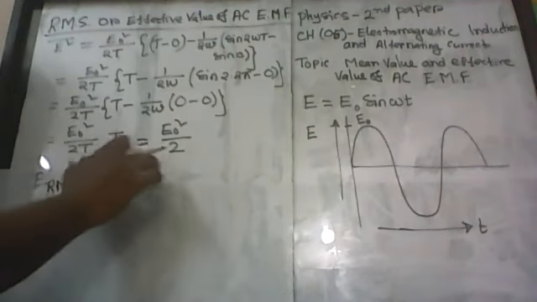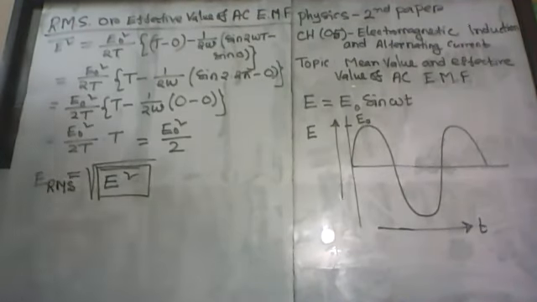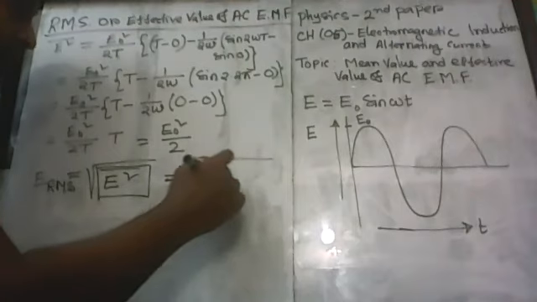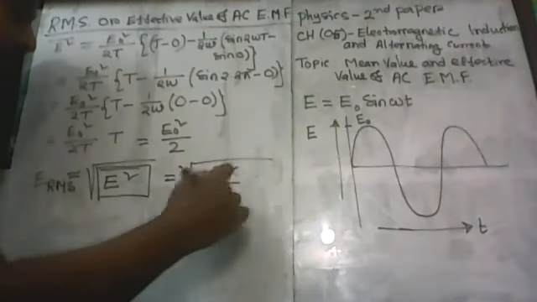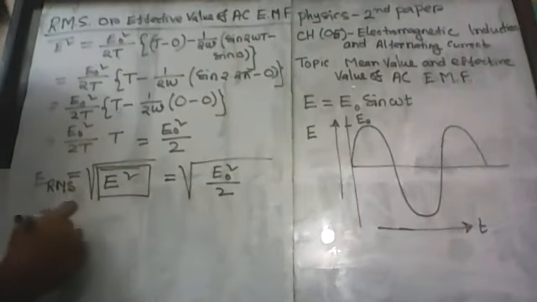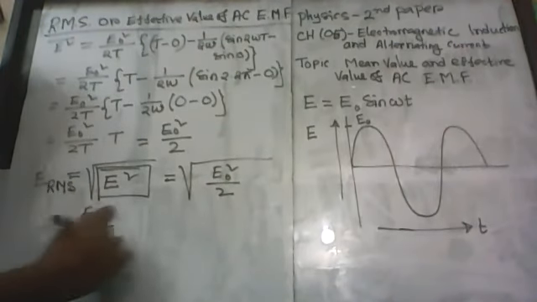I already know the mean square value, E naught square divided by 2. After taking the square root, this will equal E naught divided by root over 2.